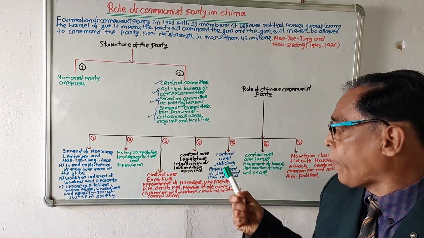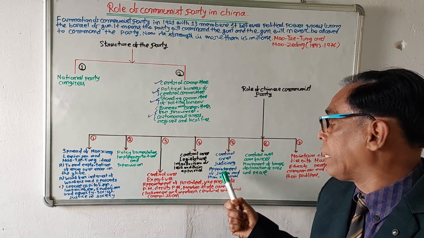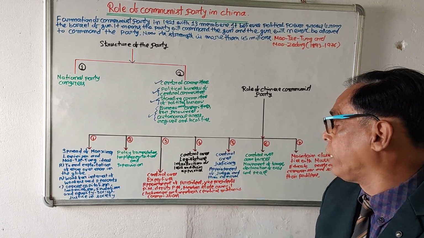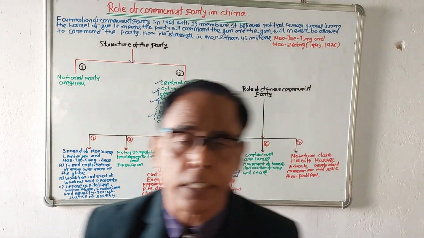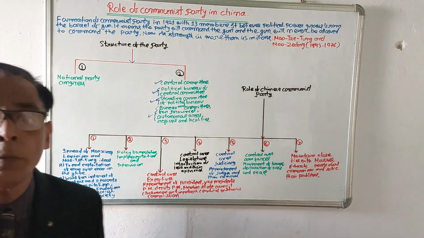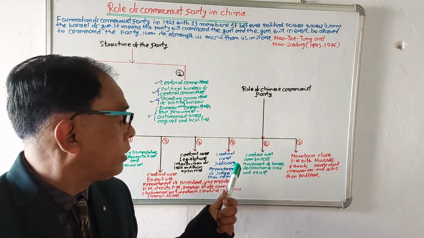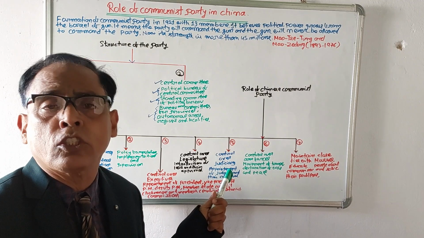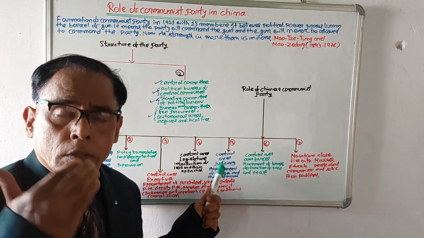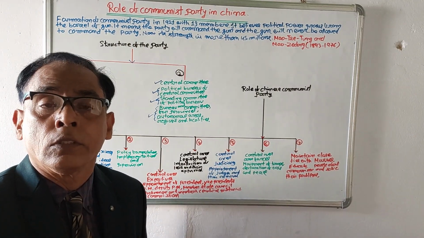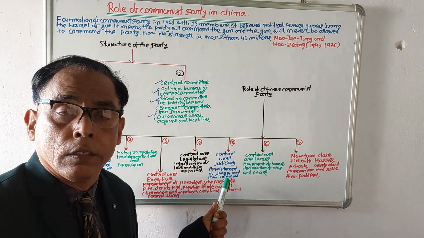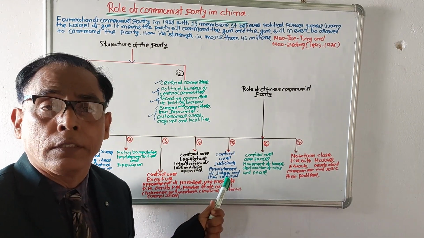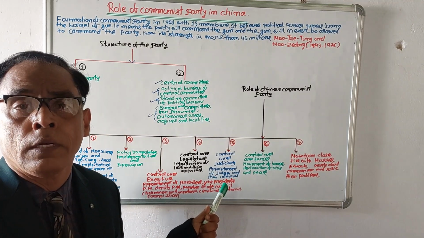Number 5. Control over judiciary, appointment of judges and their removal. Another function of the Chinese Communist Party is to control the judiciary. All the judges of the Chinese top judiciary are made by the Chinese Communist Party.